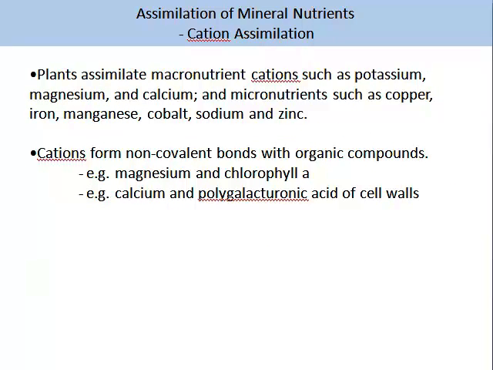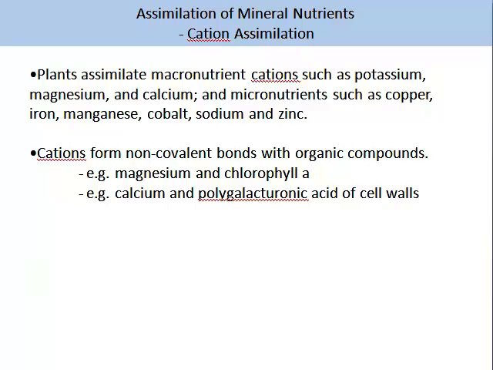Cation assimilation allows plants to assimilate both macronutrients and micronutrients. Cation assimilation assimilates macronutrients such as potassium, magnesium and calcium, while the micronutrients copper, iron, manganese, cobalt, sodium and zinc are also assimilated during this process.